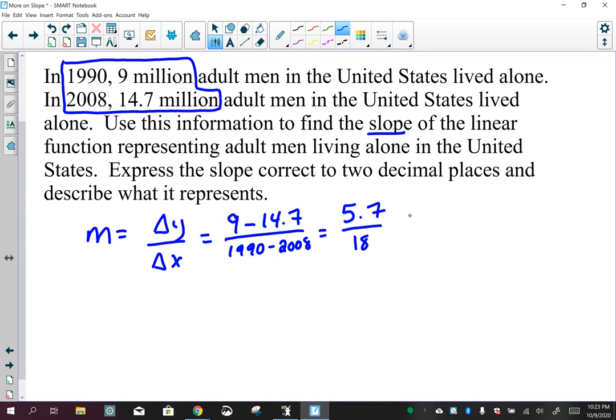And this is million adult men over years.